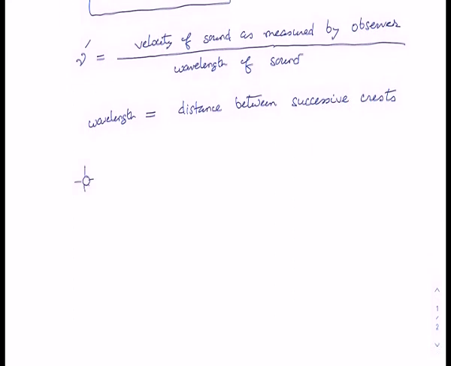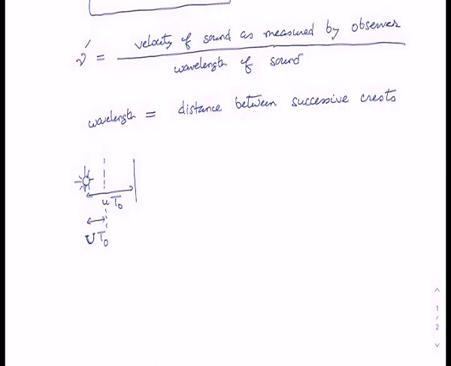So this is the source of sound, and a pulse is supposedly released by the source at time t0, and then it will travel this much distance. Small u is the speed of sound, so the distance traveled by this crest would be this much, and in the meantime the source would travel this distance Ut0, because capital U is the velocity of the source.